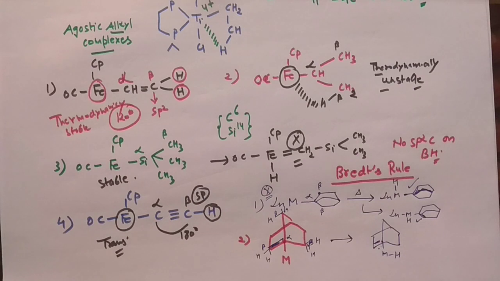So for compounds like norbornene metal complexes and adamantane metal complexes, whenever you put your double bond at the bridgehead position, such a reaction would not occur. And when such a reaction would not occur, you say your compound is thermodynamically more stable. This is something very, very important which you should keep in mind.